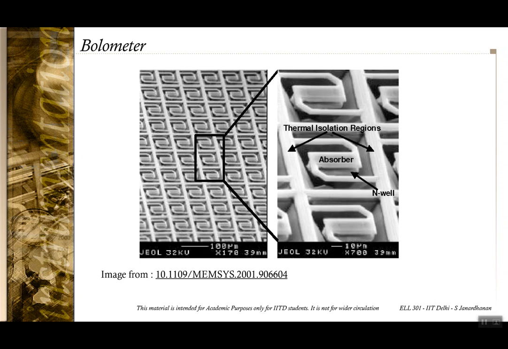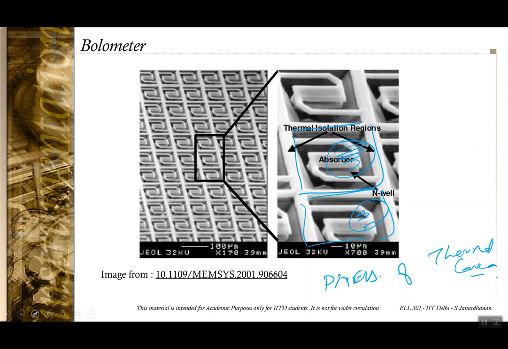They can be fixed into arrays, and each of these bolometers' temperature will be indicative of the amount of radiation that is falling on this particular region, and hence they can be used as pixels of objects like thermal cameras, or even in space telescopes also, where basically you are measuring the EM radiation only.